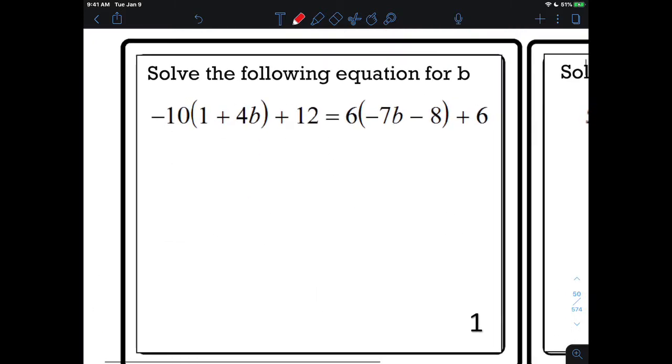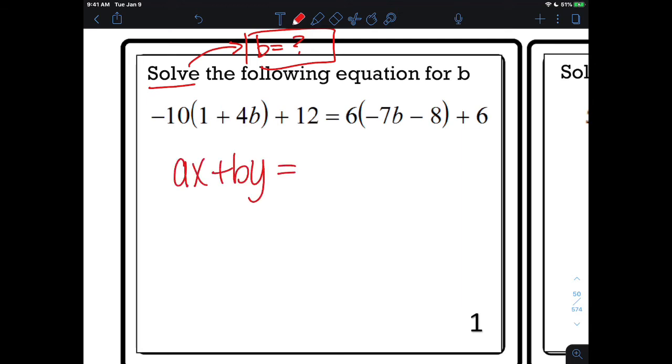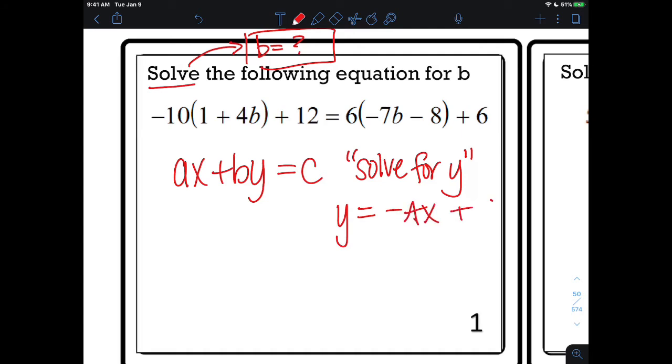Okay, next one. Okay, here they're asking me to solve the equation for b. So I need to get an answer, remembering, because solve means b equals everybody else. So even if they gave me something like that, they could say solve for y, and that would mean they want me to move everybody else over to the other side, right?